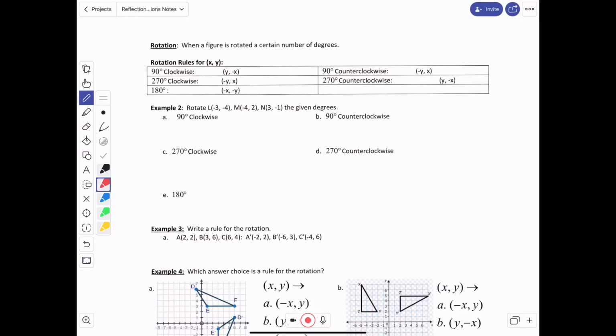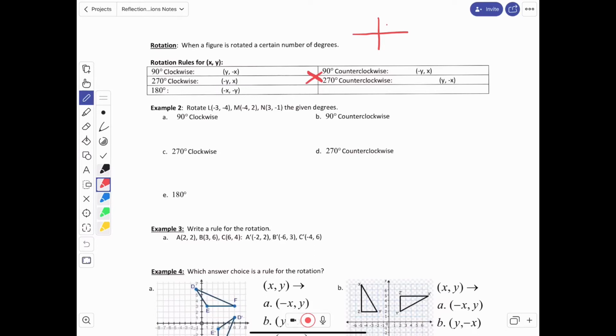So 270 degrees clockwise and counterclockwise, notice that these two are the same. A 270 degree clockwise rotation and a 90 degree counterclockwise rotation are the same. These two are also the same, because think about the coordinate plane.